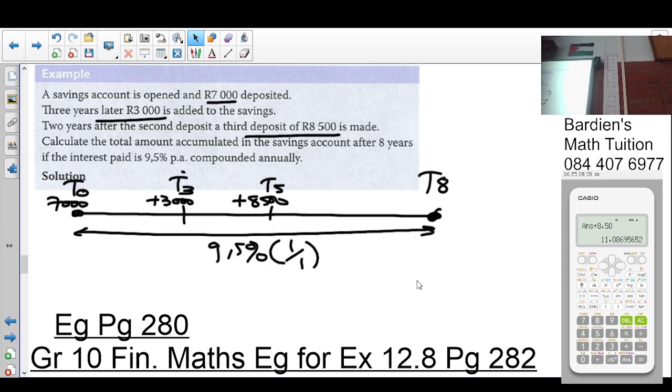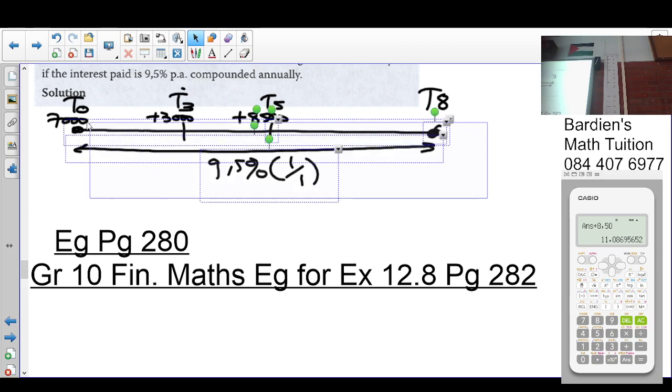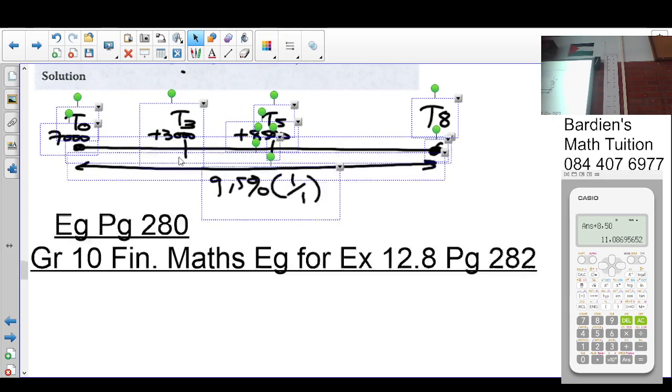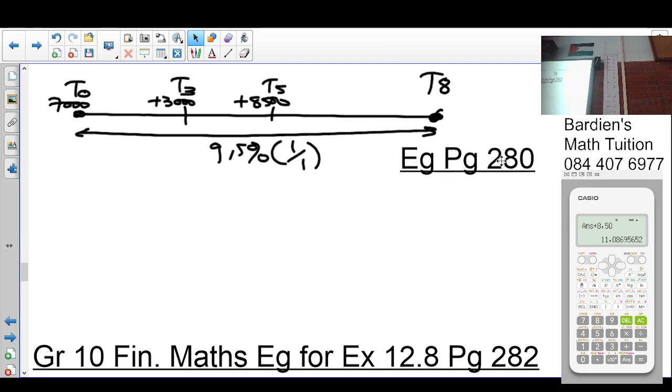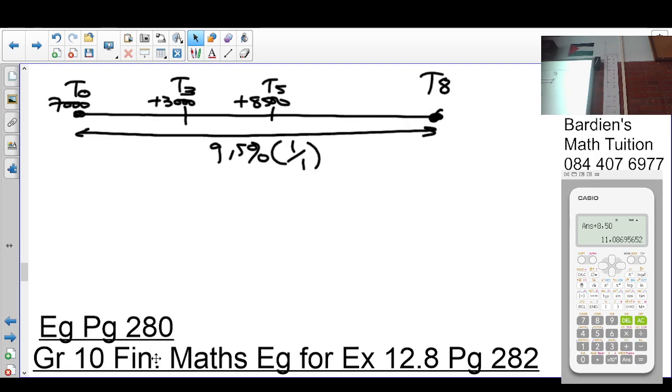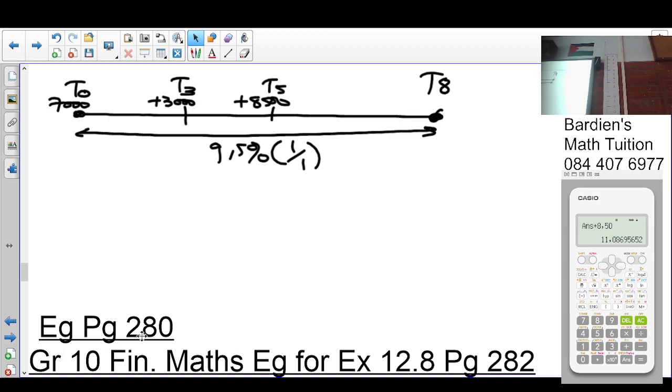Now, people, there are many ways of approaching this timeline, and what I found over the years was to do it as follows. To me, this is the easiest of all the ways. Firstly I consider the formula.